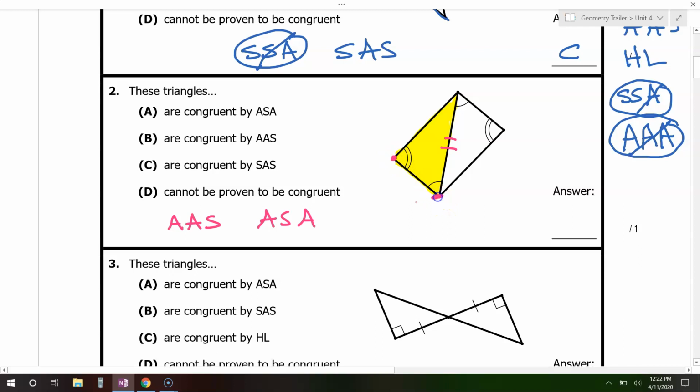Here's the other marked angle. Notice that this would be the side that's between those two angles. And that is not the side that we have marked. So the marked side is not between the two angles, so it can't be angle, side, angle, so it must be angle, angle, side.